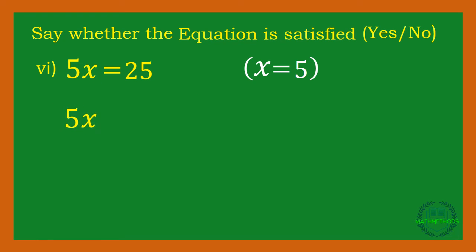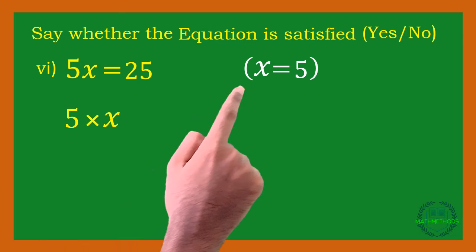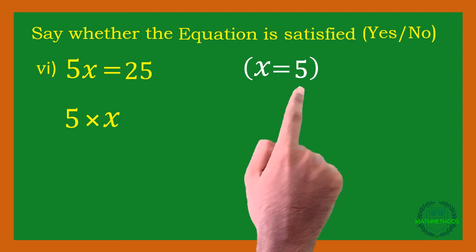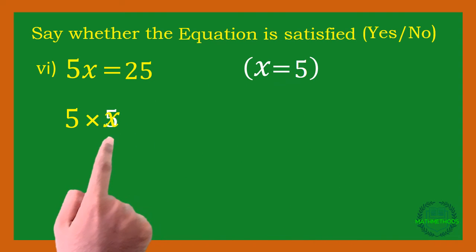Now 5x, we can write it as 5 multiplied by x. We are given the value of x as 5. This means wherever there is x in the given equation, we can replace it with the number 5. So let's put 5 in place of x in this equation.